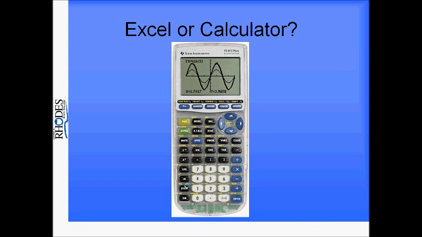As I've mentioned, you can do this hypothesis testing in Excel or on a calculator. I'm going to work mainly on the calculator, and I would probably use that the most because the calculator is capable of doing more tests than Excel is.